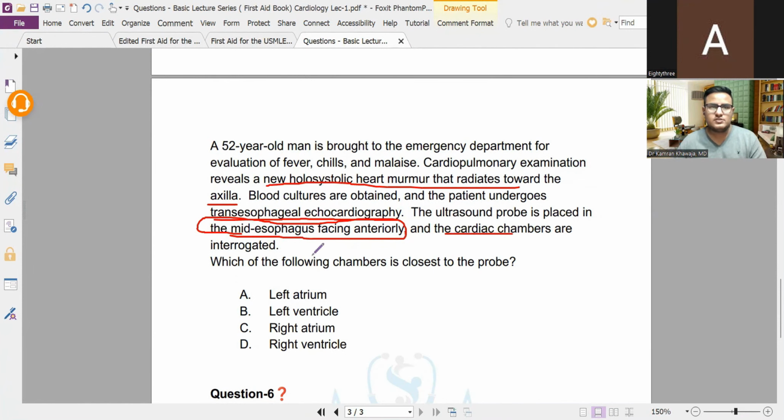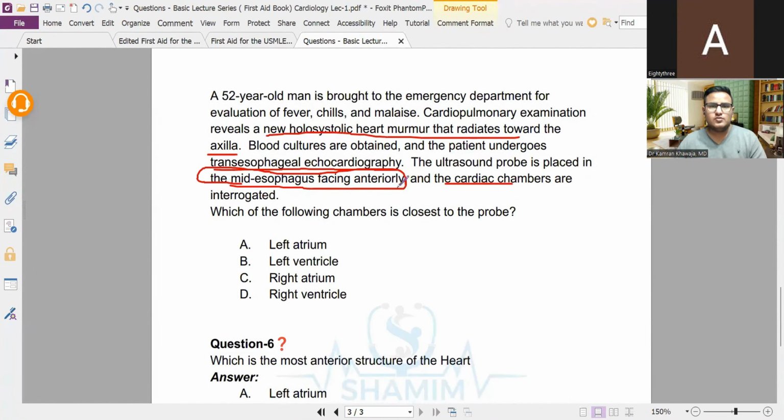Which of the cardiac chambers are interrogated? Which cardiac structure will be close to the probe? It is anatomy, a very important question. It is just a technical way to tell you: we are going into the esophagus and checking anterior to the esophagus. Which structure of the heart are we checking?